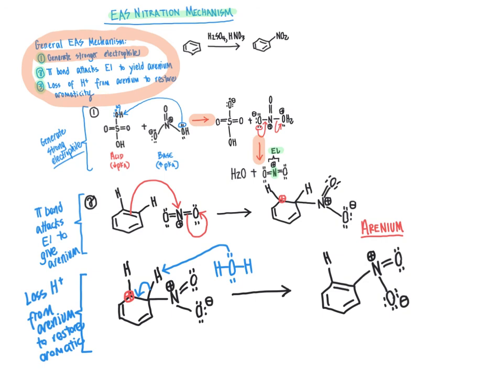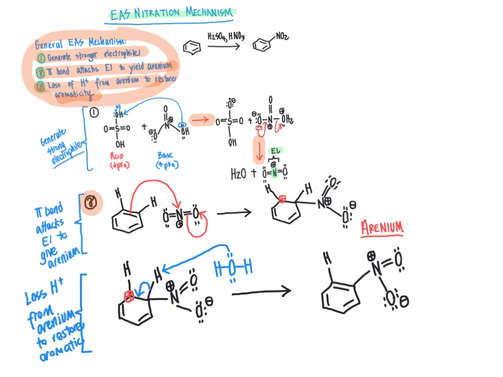After we had accomplished that, the next thing that we did was in part 2 here, step 2, we had our pi bond come over and attack the electrophile to give the Arenium cation. And so that was what we were doing in step 2. And then following the general guidelines for what we do in step 3 of these EAS reactions is we lose a proton from the Arenium at that beta position in order to restore the aromaticity.